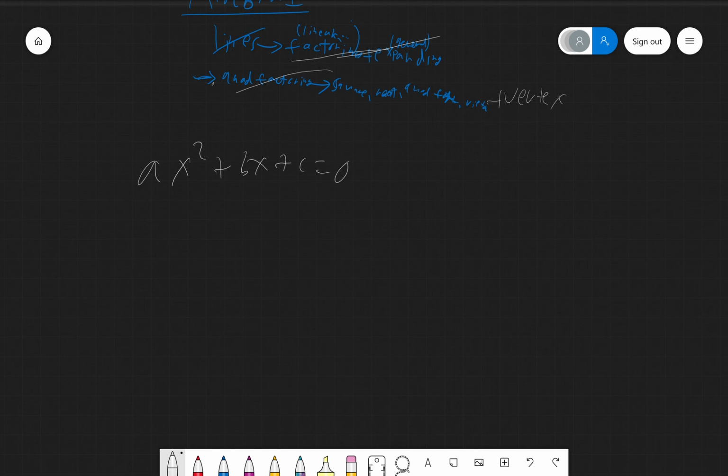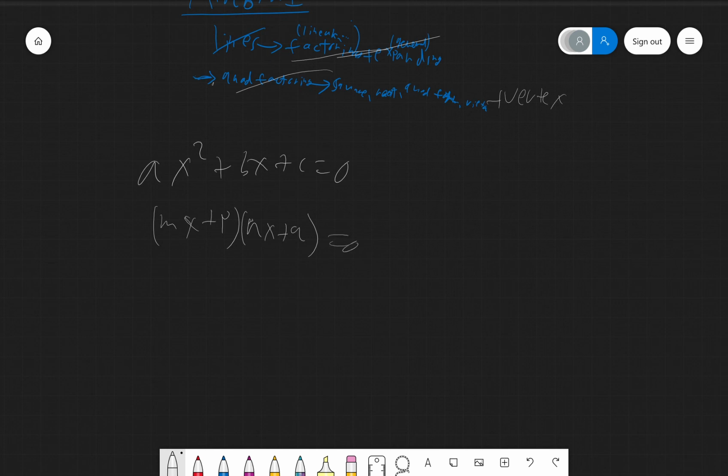What is x? Well, if we were to factor it, we'd get mx plus p times nx plus q, right? I know it seems ugly, but we'd solve for them, use some tactics. It was pretty cool. And that equals 0.